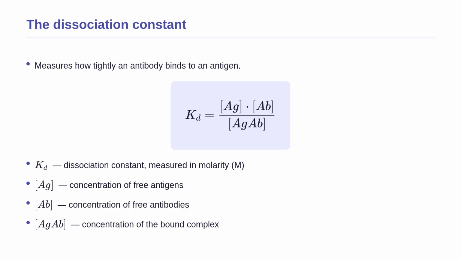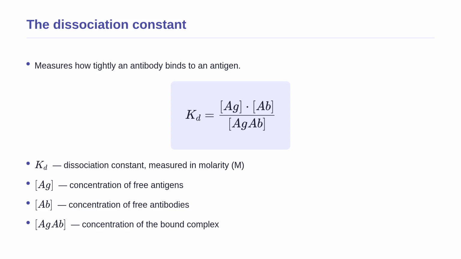To understand how effectively these antibodies neutralize a threat, we must look at the chemical binding between the antibody and the antigen. This brings us to the dissociation constant, denoted as Kd. Conceptually, this formula tells us the ratio of unbound, free pieces to bound, neutralized pieces in the bloodstream.